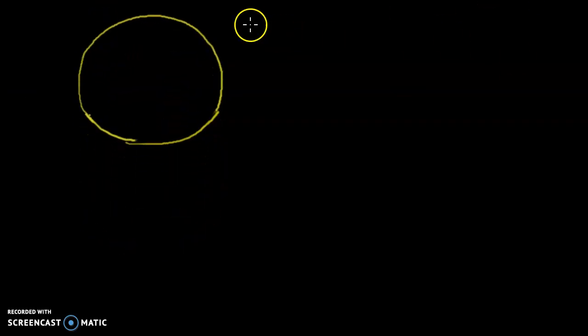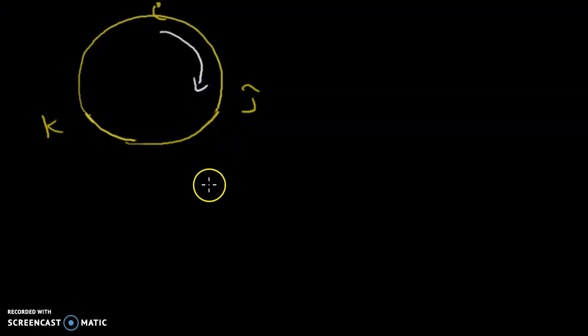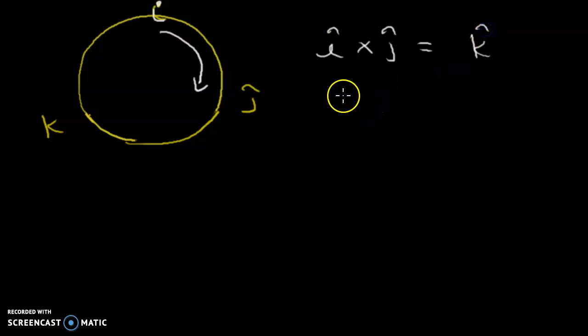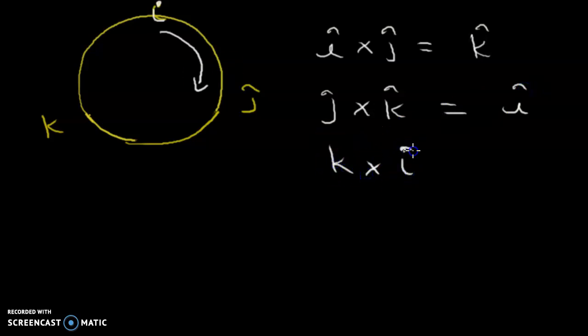So if this is i, this is j, this is k. If you move in a clockwise fashion, like there's a clock, i to j, you are moving clockwise, so positive k. j to k, you are moving clockwise, so it would be i cap. k cross i cap would give you j cap.